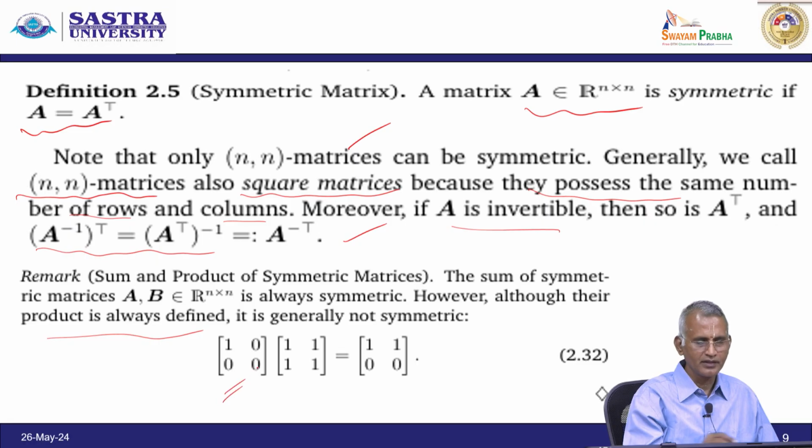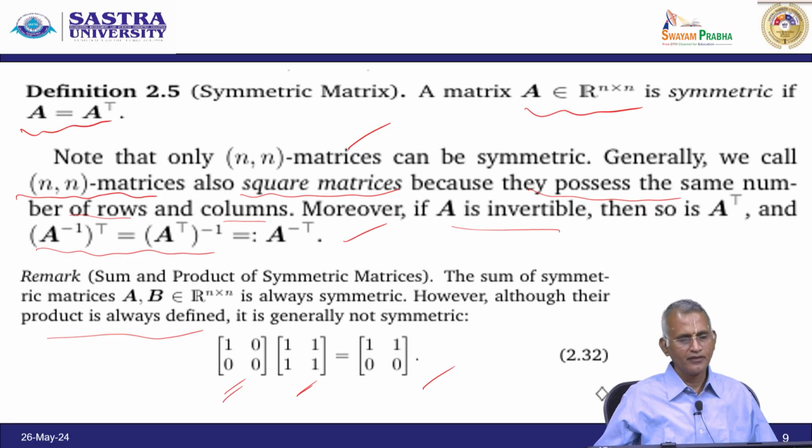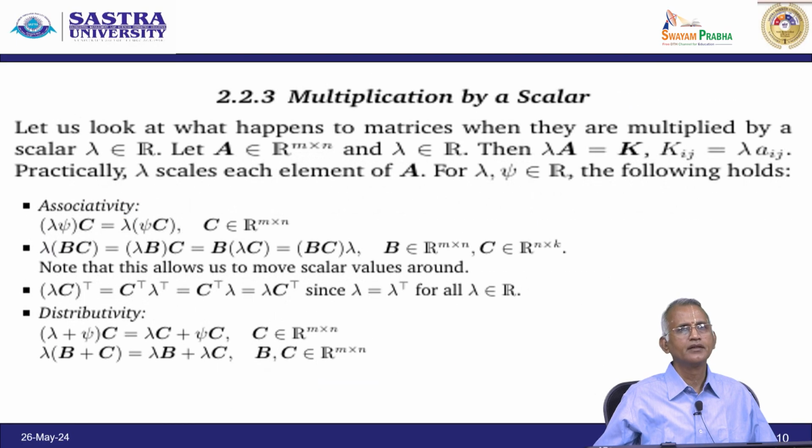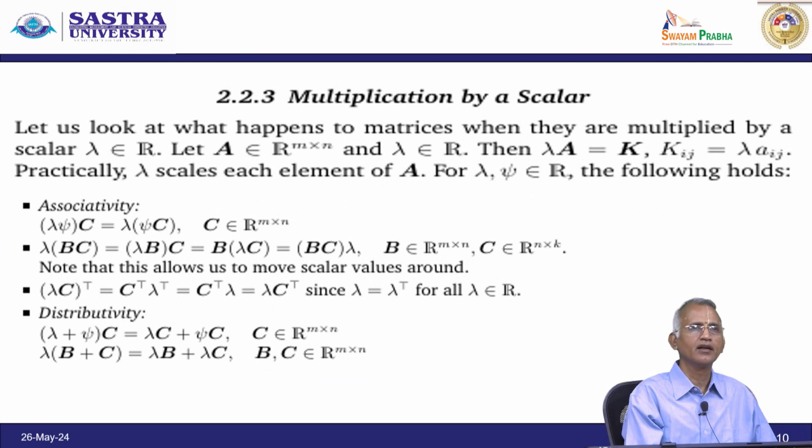Suppose you take the matrices [1 0; 0 1] and [1 1; 1 1]... now take their product. These two are independently symmetric, but the resultant product is [1 1; 0 0], which is not symmetric. Therefore, be careful: if A and B are symmetric and you multiply them, the result is not necessarily symmetric.